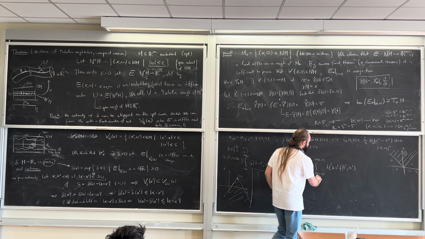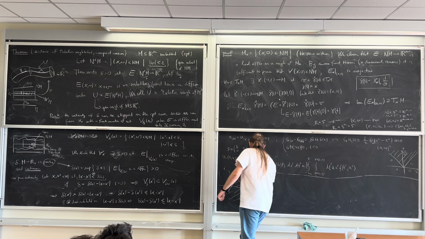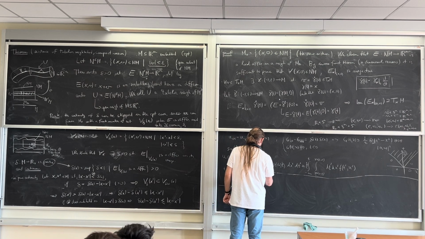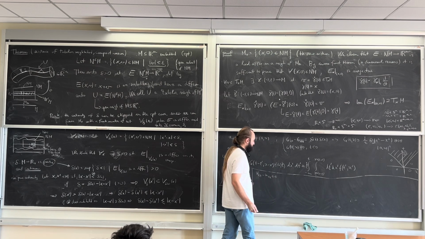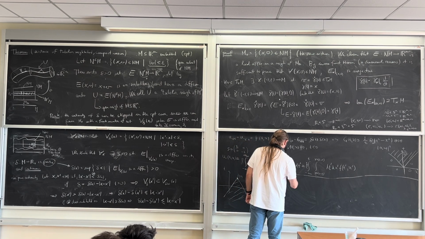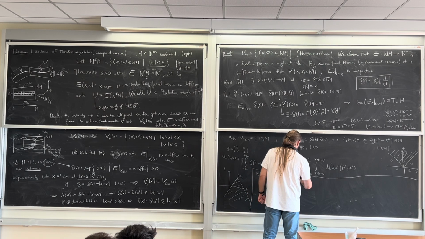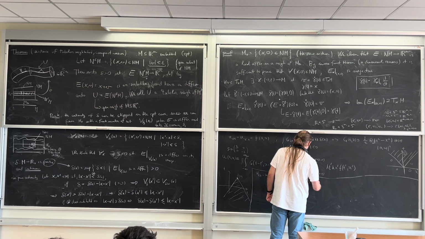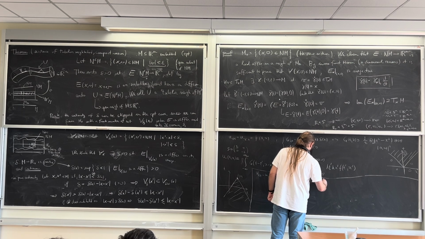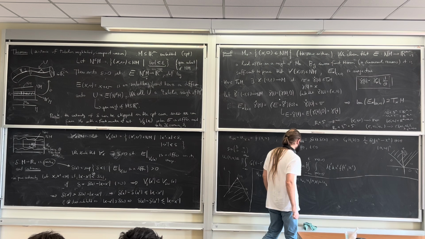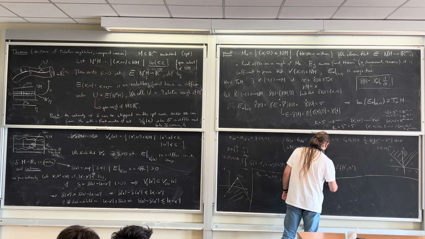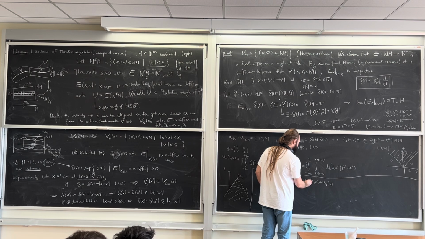Let us ask what happens if we solve this original equation, but with initial conditions that u of 0, x equals u0 of x, and u_t of 0, x equals u1 of x.